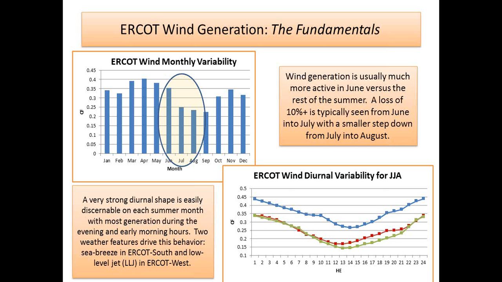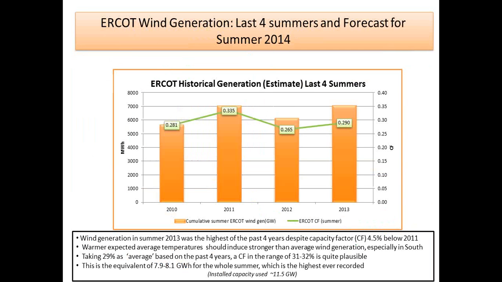In general, wind often follows a strong diurnal pattern, strongest in the morning and evening with that midday valley. The weather drivers here are the sea breeze in ERCOT South, as well as the low-level jet in ERCOT West. On an aggregate basis, wind generation in summer of 2013 was actually the highest of the past 4 summers, despite a capacity factor about 4.5% lower than that of 2011.